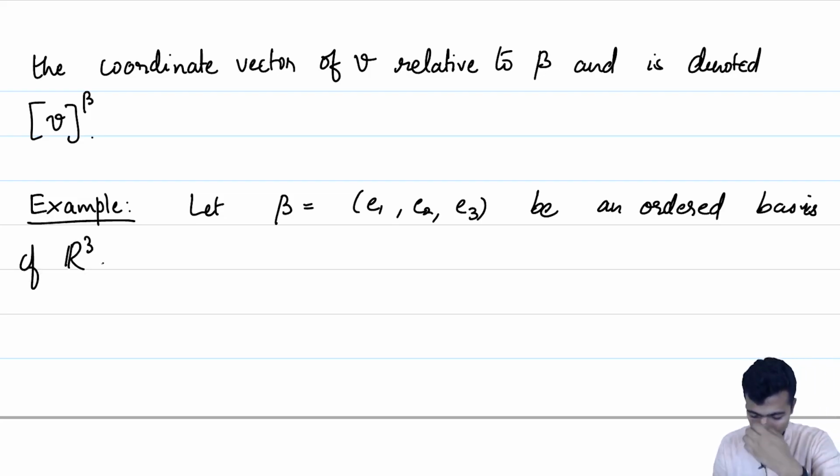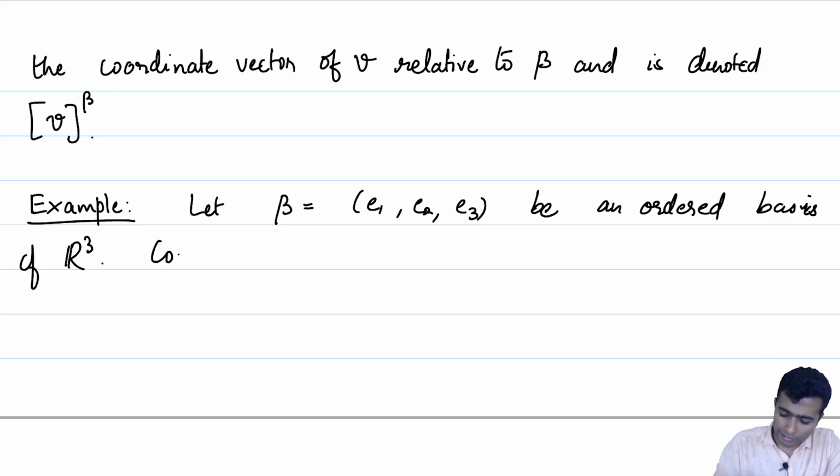Recall that E1, E2, E3 are vectors with 1 in, say for E1, the first coordinate and zeros in the other coordinates. Ej similarly is always defined as 1 in the jth coordinate and 0 in the remaining coordinates. So, in R3, we are looking at 3 tuples, or 3 coordinates rather.